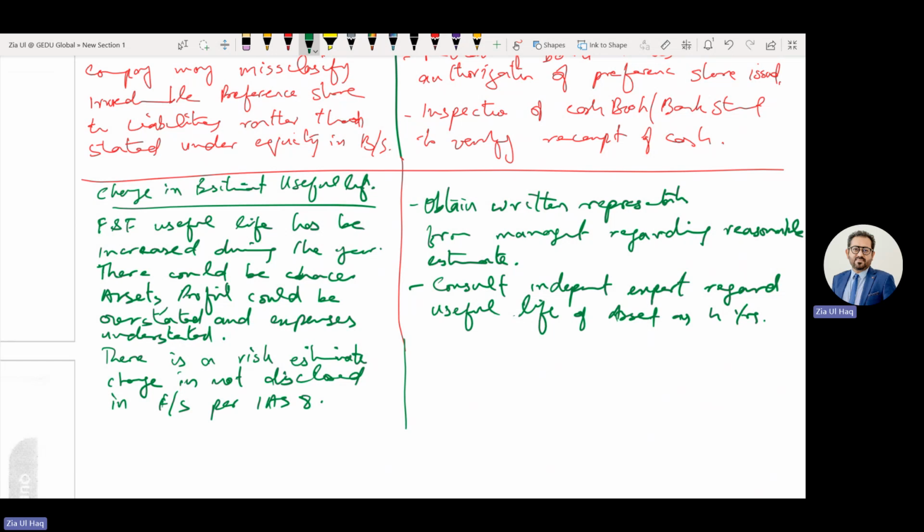And regarding disclosure, we can review the financial statements, notes to the accounts. The disclosure has been provided. Four issues we have identified, four remaining.